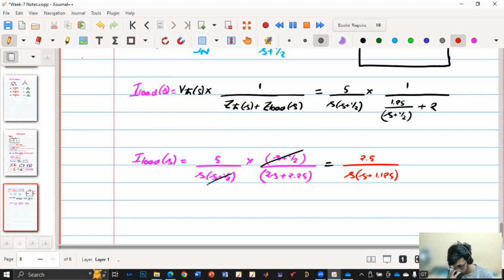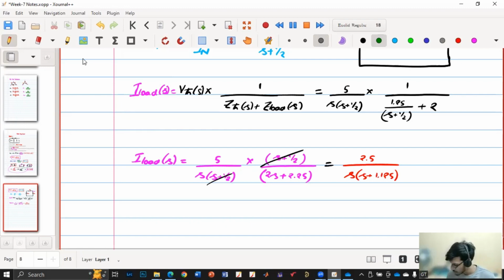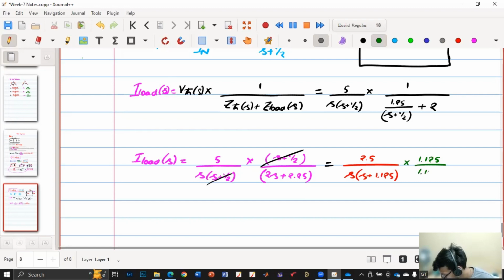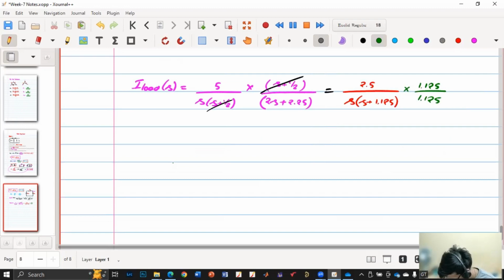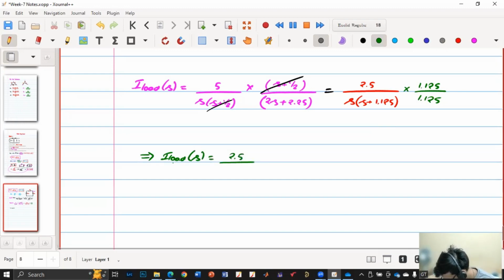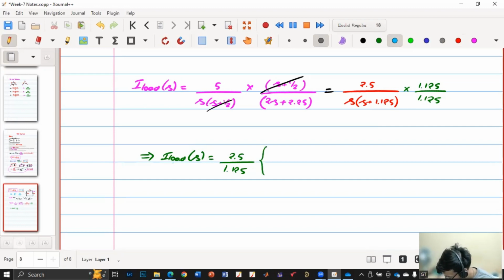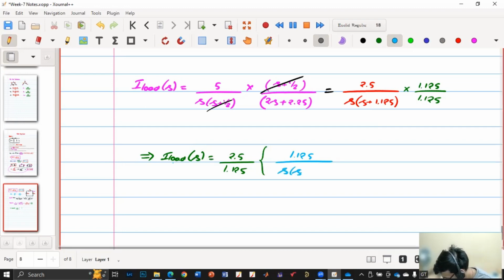Is this okay? Yes, sir. Okay. So now partial fractions you can do, but the simplest way is multiply by 1.125 divide by 1.125. This is simpler. Why? Because now I'll get I load of S equal to 2.5 by 1.125 into 1.125 by S into S plus 1.125.